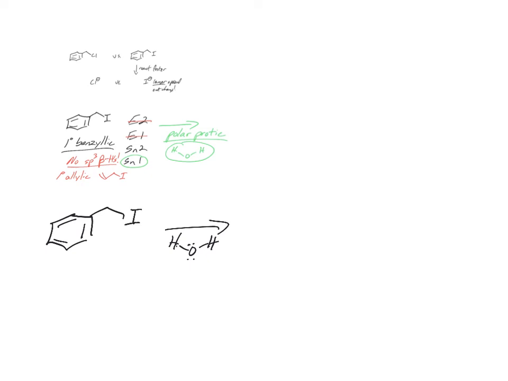So the first step is going to be the rate determining step, forming a carbocation. The RDS. It's a primary carbocation, but it is benzylic.